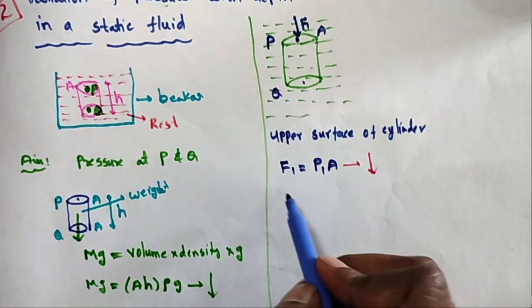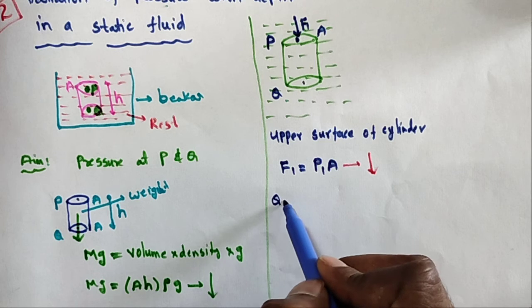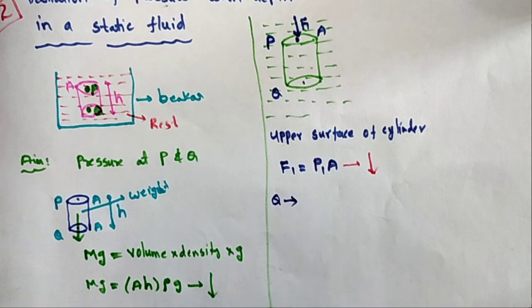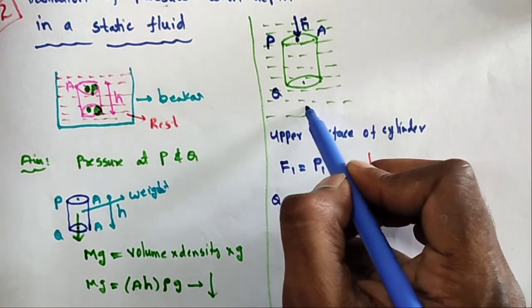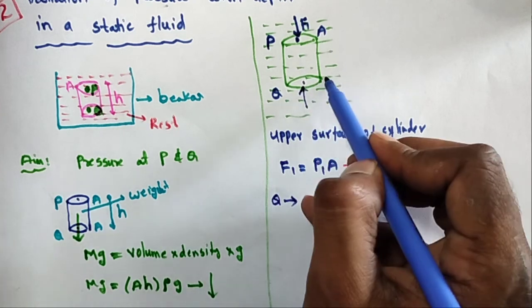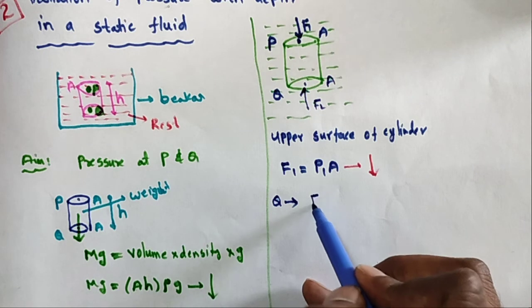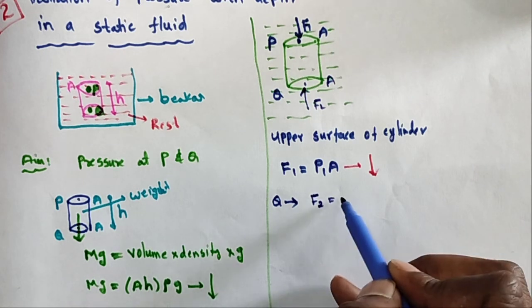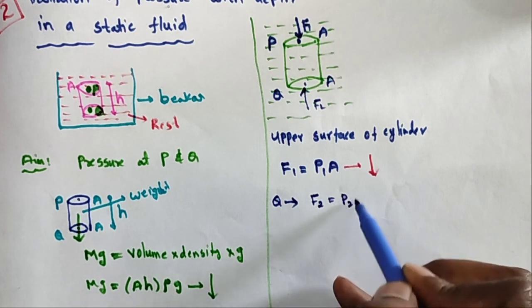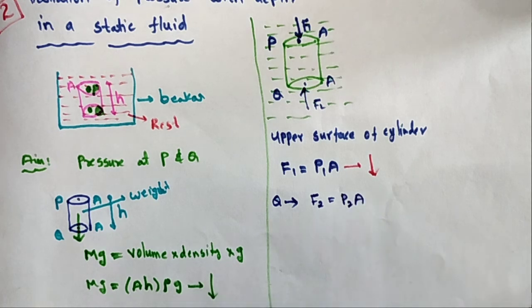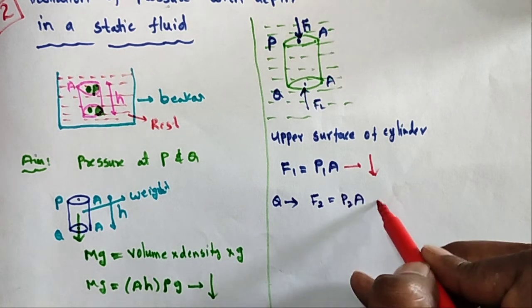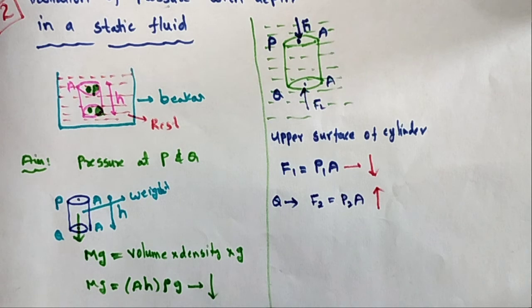And at point Q, the bottom surface, a force is acting in the upward direction. This is the F2 force. So the force F2 is equal to pressure P2 into A, acting upward.